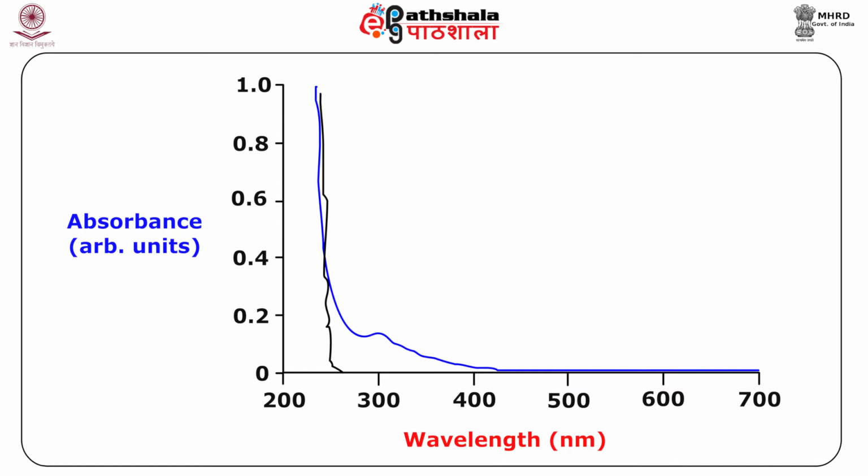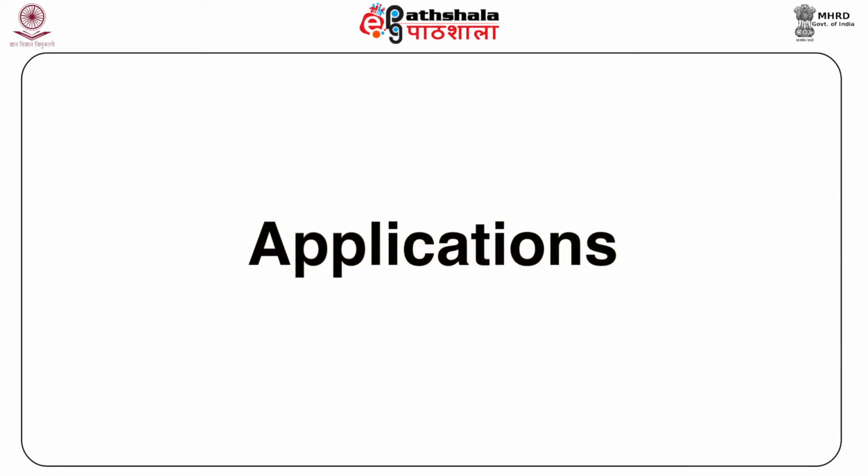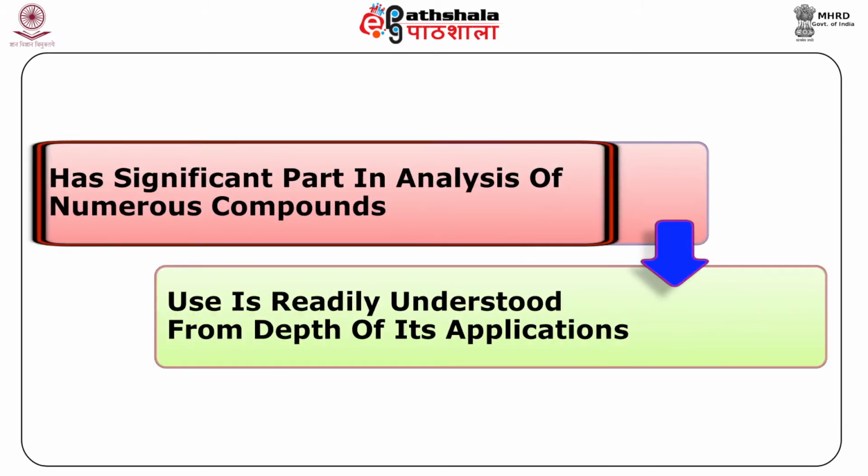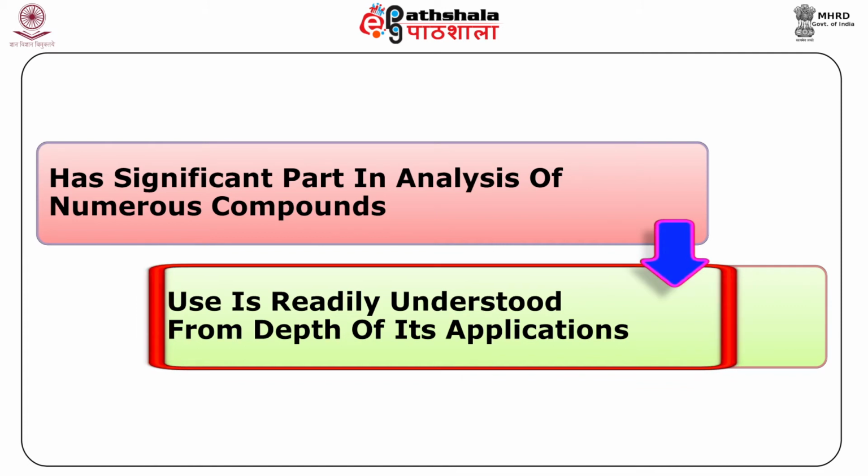Lambda max is denoted as the wavelength for maximum absorbance. Various components exhibit different absorbance and distinct absorption maxima. Next, we will study the applications. UV visible spectrometer has a significant part in analysis of numerous compounds, metals, etc. Its use is readily understood from the depth of its applications.